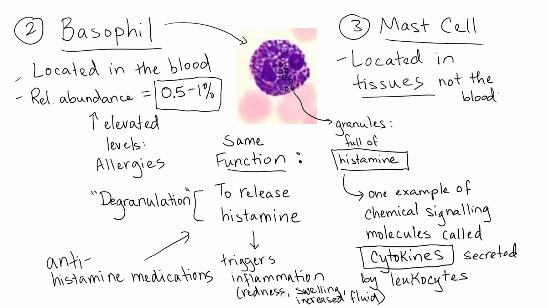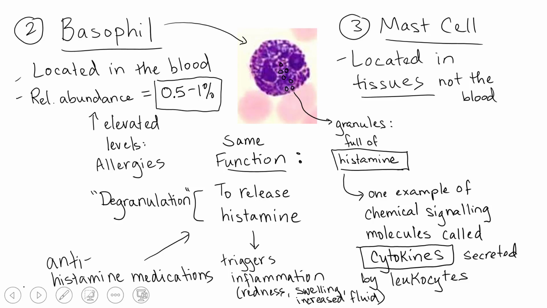Well, that's thanks to a chain reaction event triggered by the mast cells that are located in your tissues, and they become alerted by tissue damage that there's a breach in the first line of defense, the skin barrier, and they're going to start degranulating and initiate inflammation. All right, so that's all I wanted to say about those.